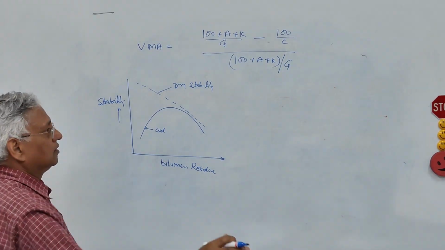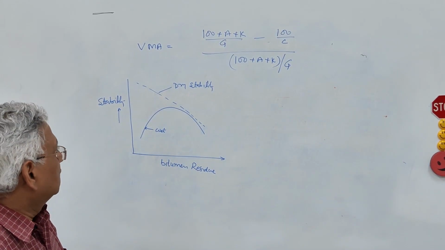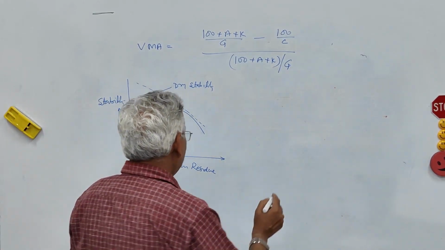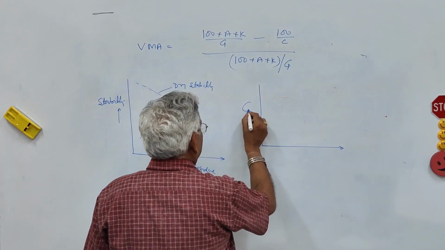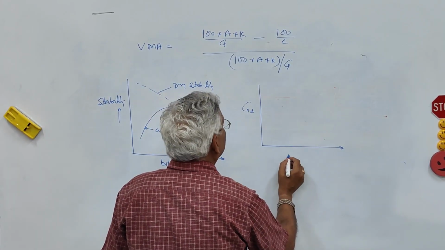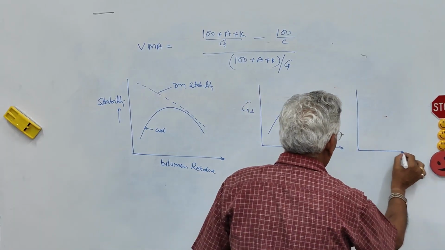So dry stability will consistently reduce with the emulsion content. Another one is between dry density, GD, and bitumen residue, and the third will be with the air voids.